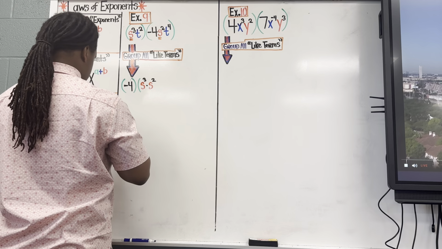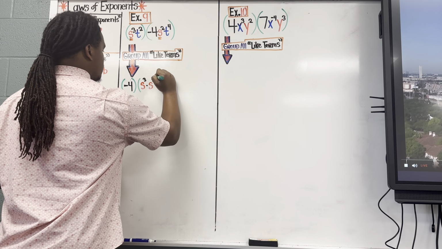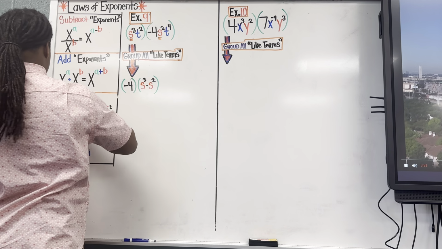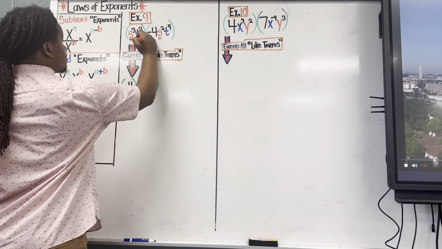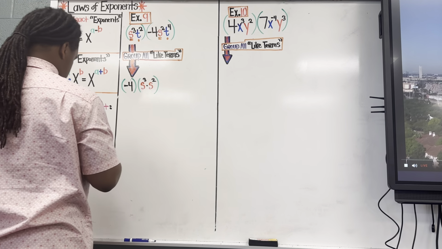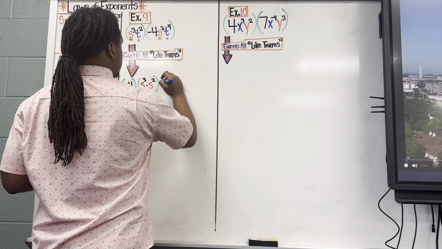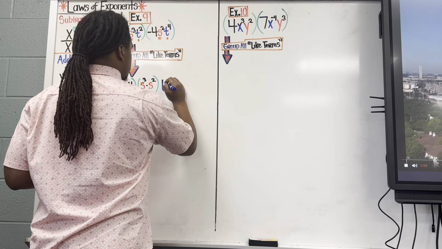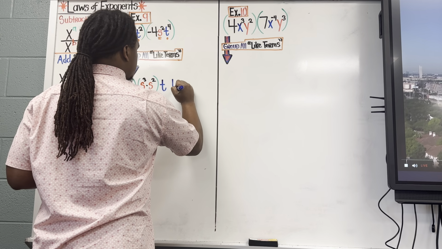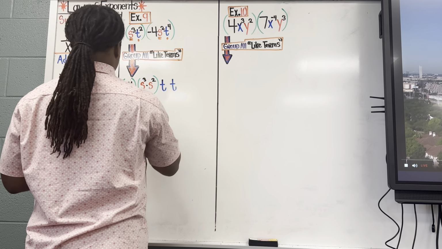It should look just like this. And then the last group that we need to group are the t's. I have t to the 2nd power times t to the 4th power.